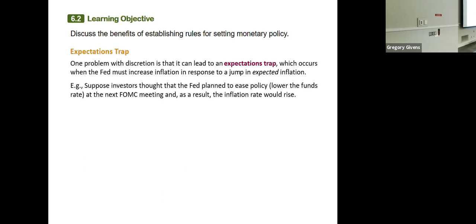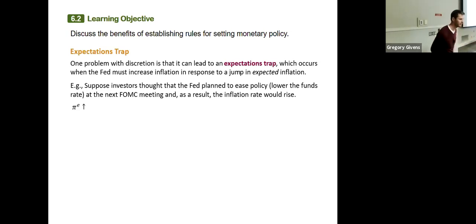Now, we all know what happens when the funds rate is lowered. That's a loosening of monetary policy, and that's likely going to set in motion a period of faster growth and higher prices, right? So private investors think that because of this easy stance of monetary policy, inflation is going to go up in the near future, all right?